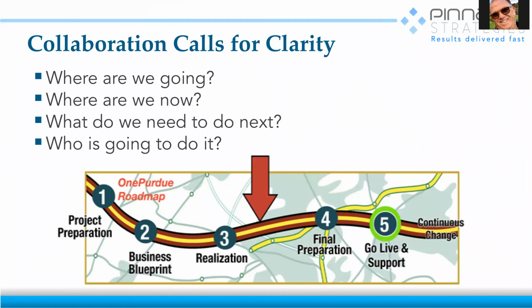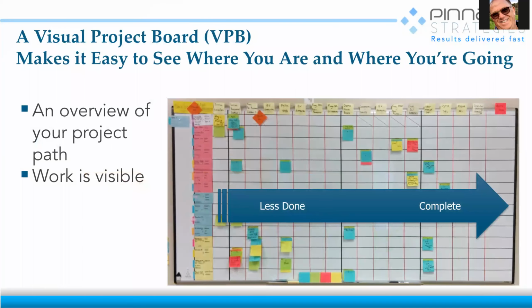So these are the big four questions that the visual project board answers. The visual project board, or the visual portfolio board if you've got multiple projects, makes it easy to see where you are and where you're going, and shows a path, shows the work, shows where you are, what needs to be done.